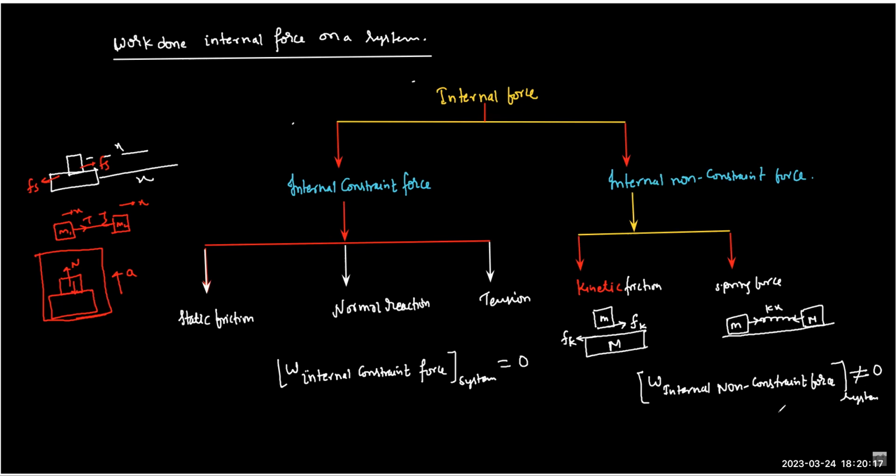When I say internal force, it can do work or cannot do work, depending on whether it is constant in nature or non-constant in nature. So this is the idea which one should be aware of. I'll go to a really nice example of kinetic friction, because that's very important for you to learn.